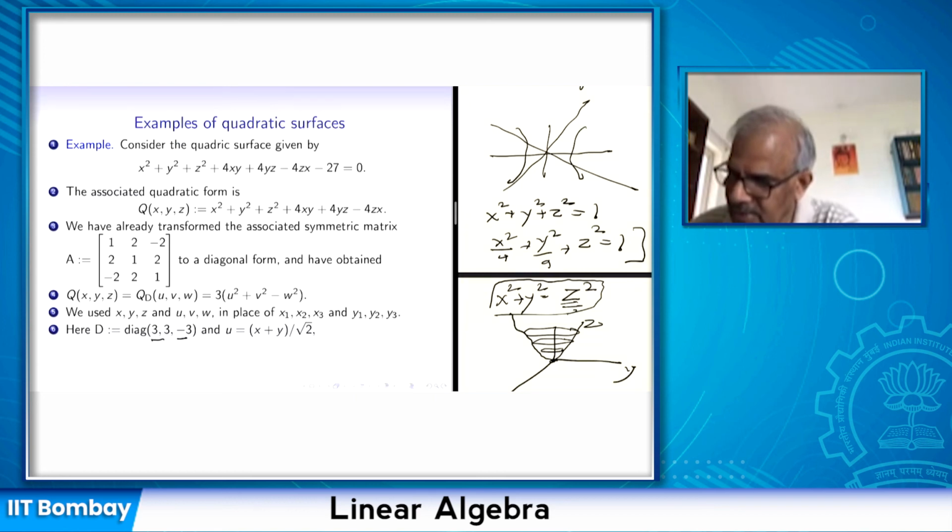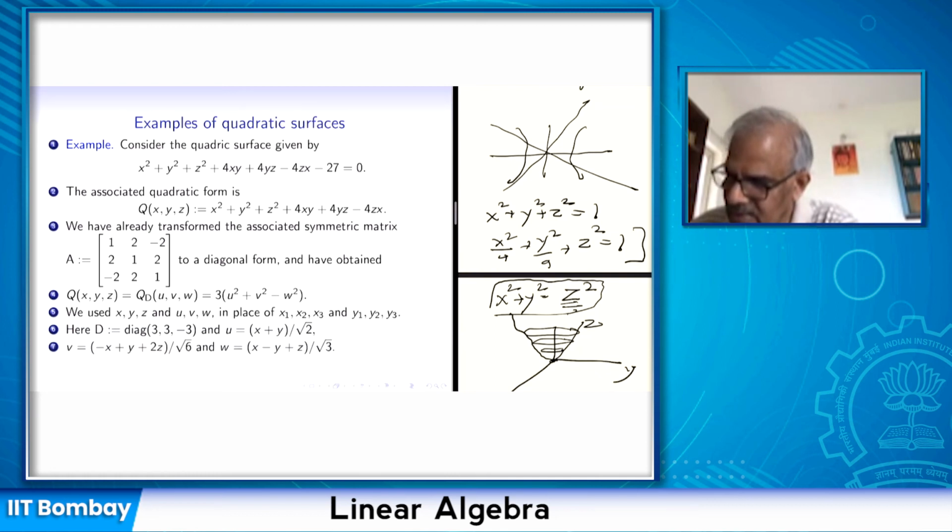Therefore, this is the change of coordinates, given by x, y, z equal to U times u, v, w. So I have to find out what the eigenvectors are.